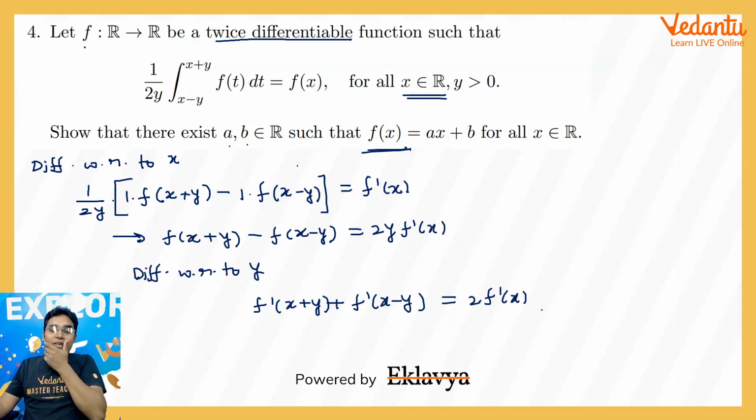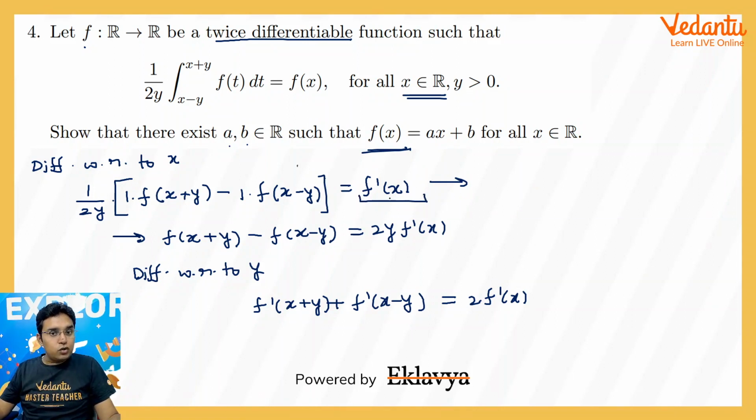One interesting thing we are getting here is that this f dash x, that is the derivative at any x, is always the mean of the derivative of the function at x plus y and x minus y. The same thing could have been seen from this relation also. Here you could have said that f dash x is actually equal to the slope of the chord joining x minus y to x plus y.